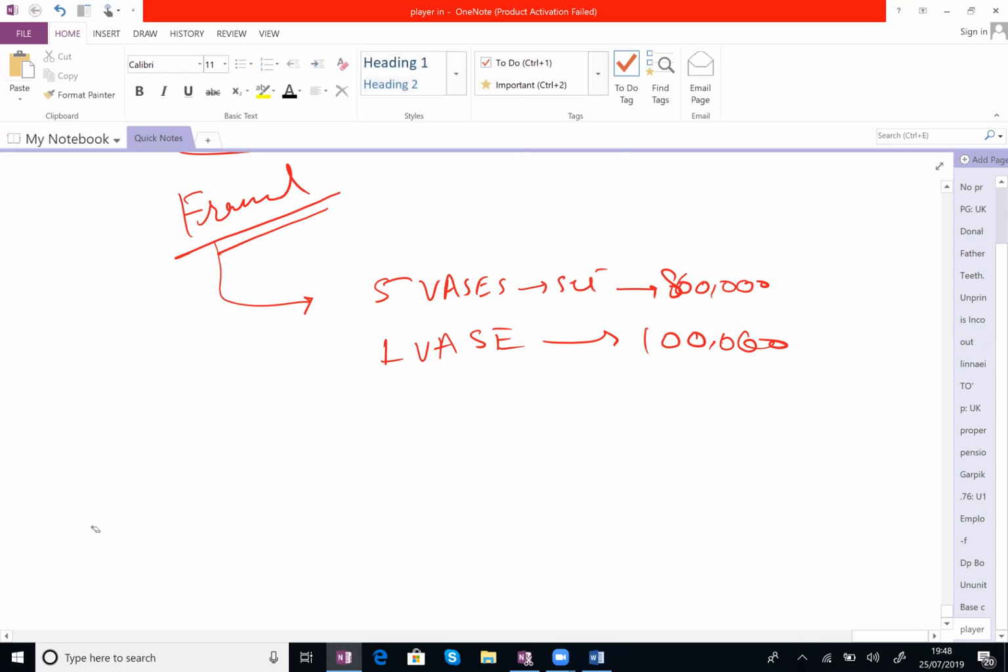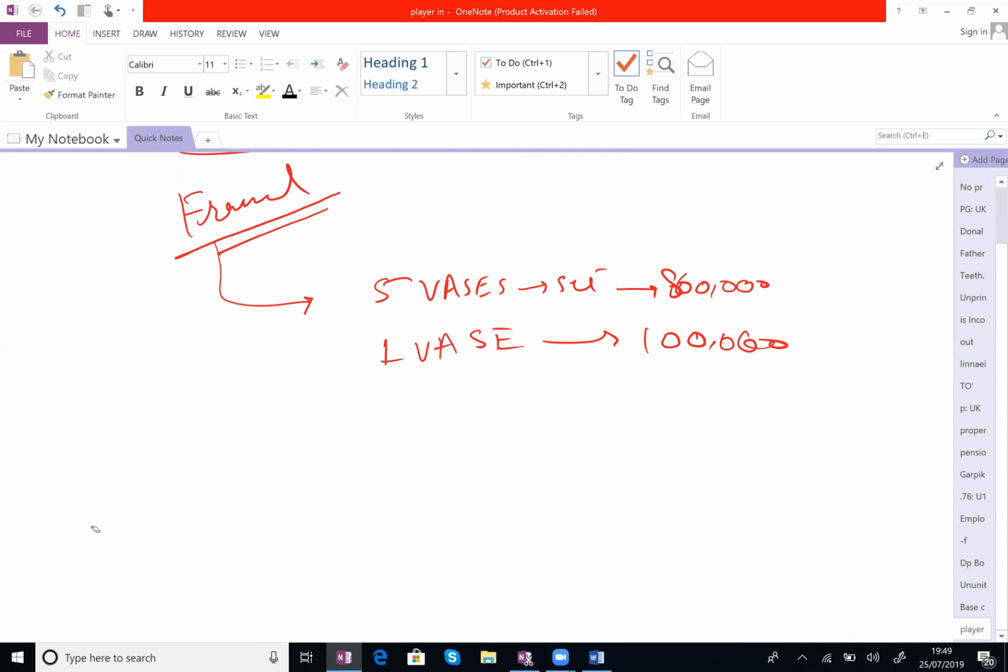In total, how much value are you paying tax on if you gift me the vases one by one? You give me 1 vase, you pay tax on 1 lakh value.